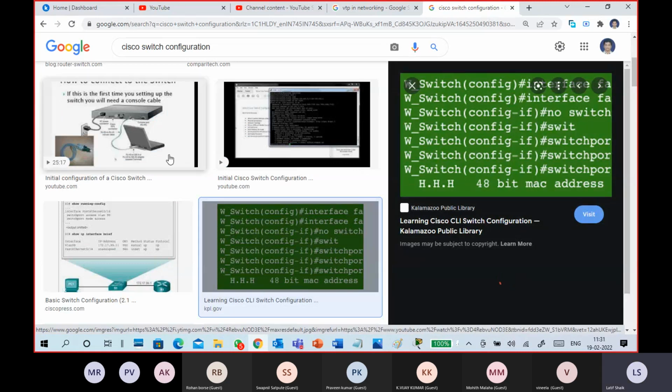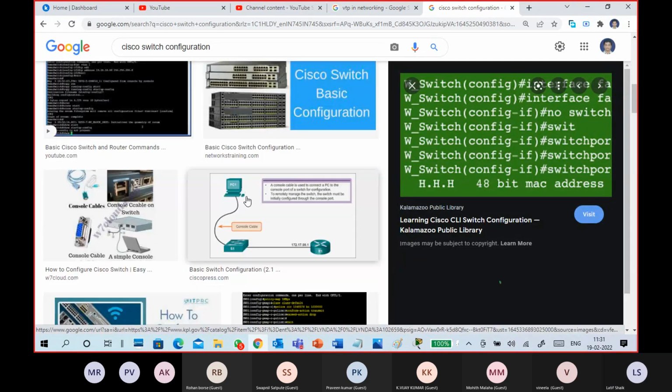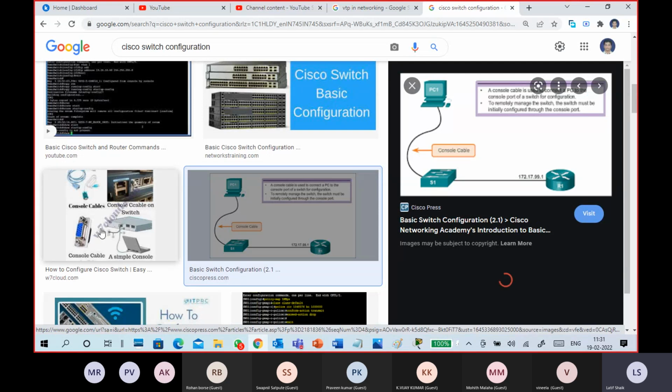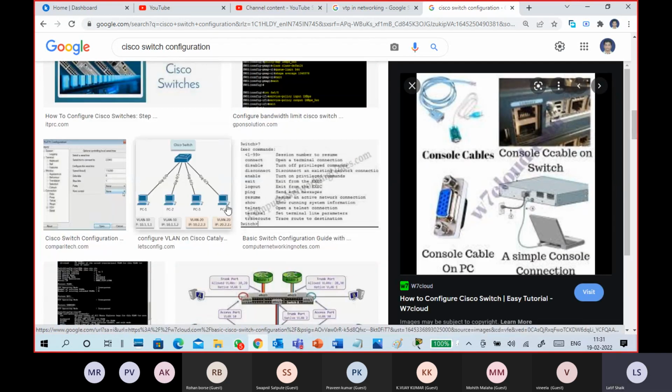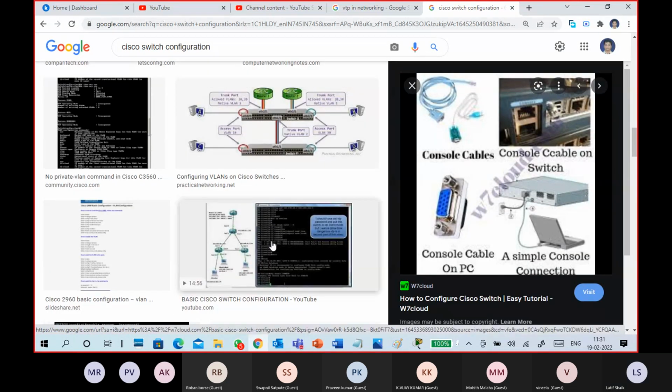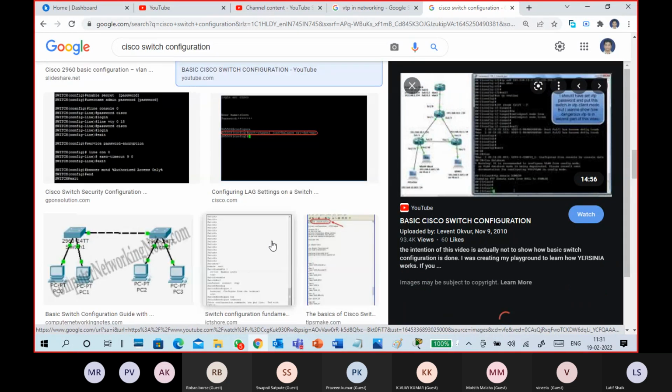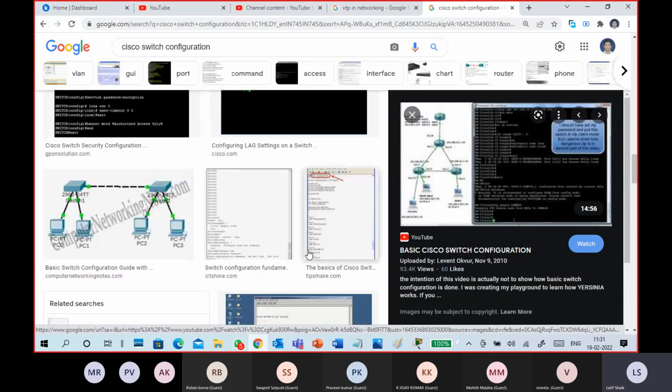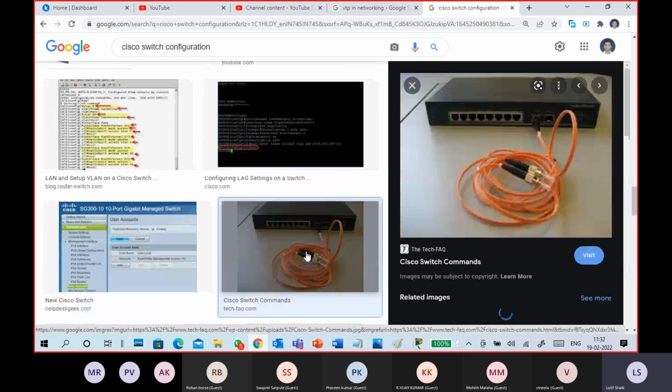I can show you the practical, but we don't have time. Here it is, a fiber optical one.